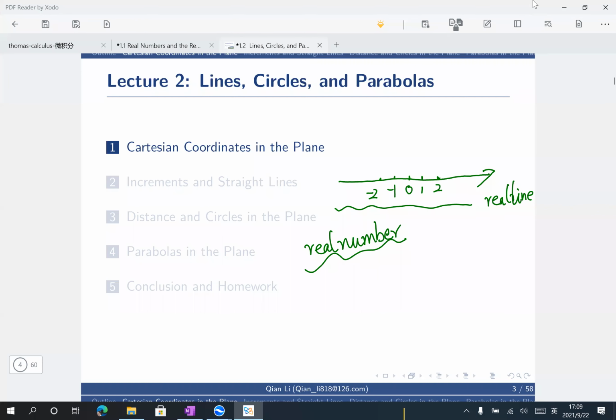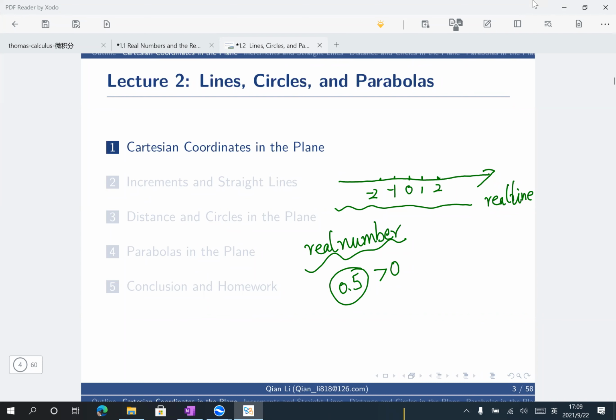For example, 0.5 is a positive number, larger than 0, so it will be located on the right of 0.